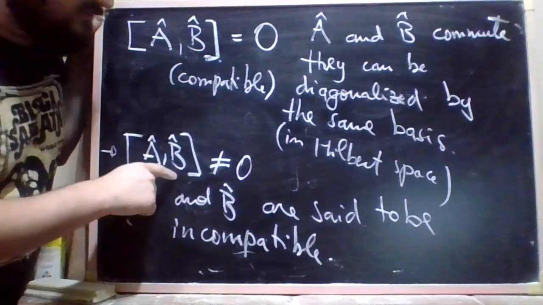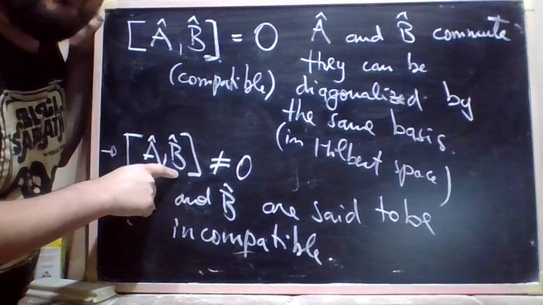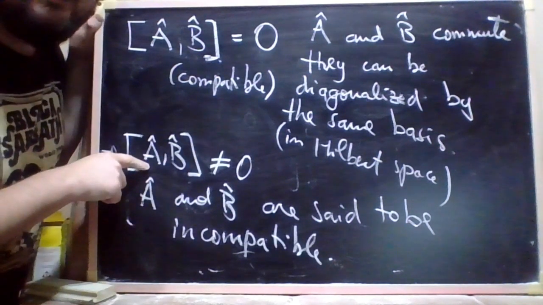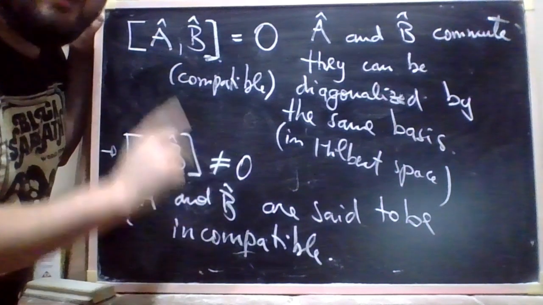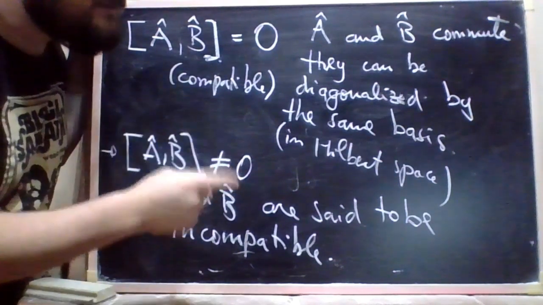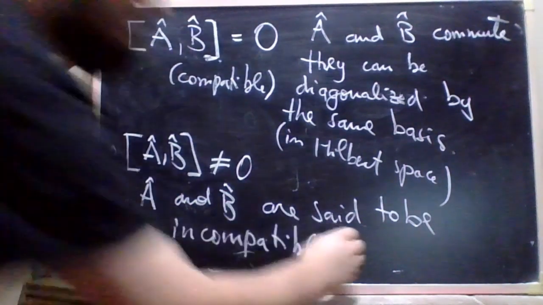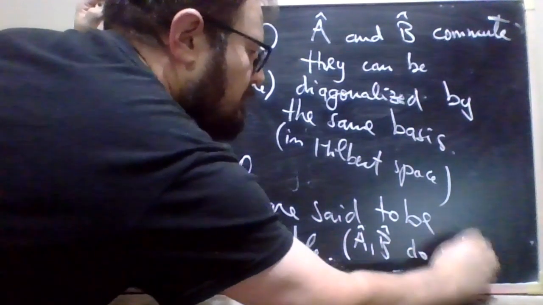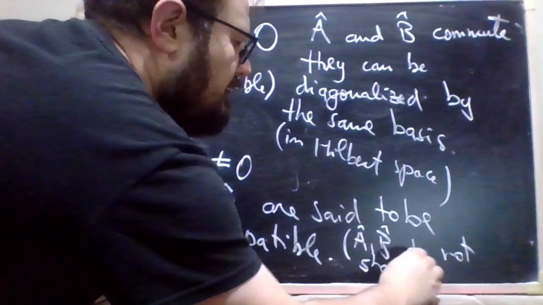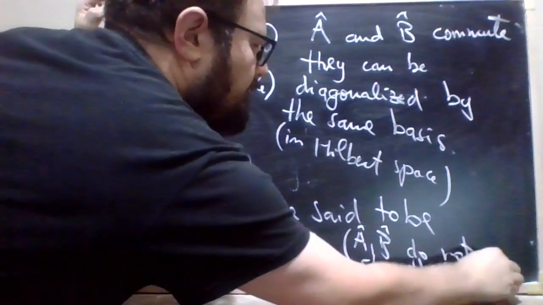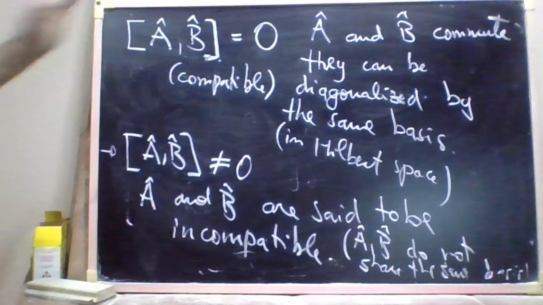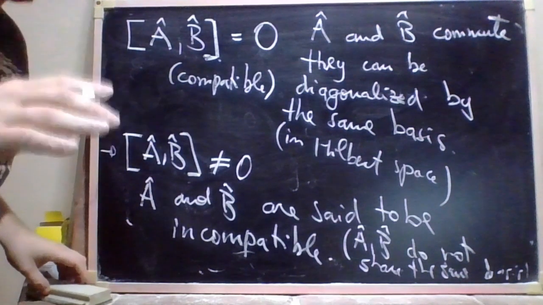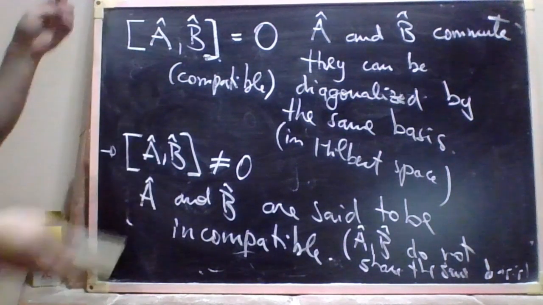And of course, if you choose the eigenvectors so that B is diagonal, then A is non-diagonal. You cannot diagonalize both simultaneously by the same basis. All right? A and B do not share the same basis. This is a very important result. Okay? But what does that really mean for physical operators?